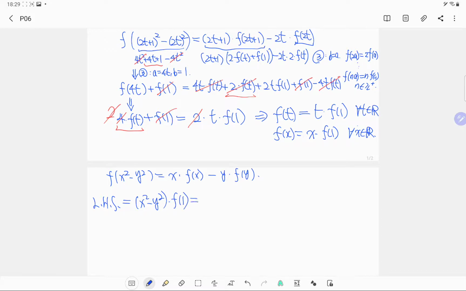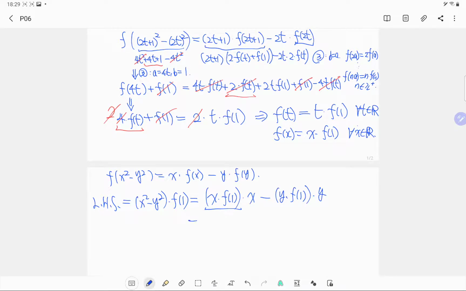So this equals x times f of 1 times x. So we just split the x squared into x times x, and 1 put in the front and 1 put in the back, and then we just have a bracket here. So minus y times f of 1 times y.